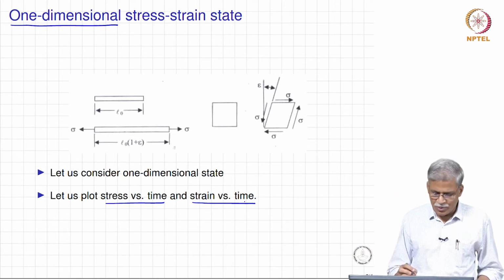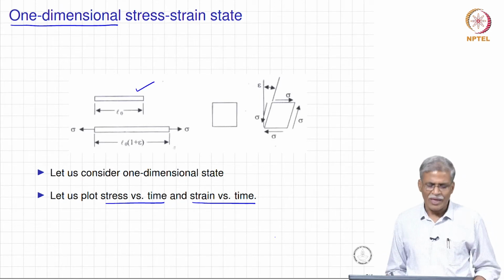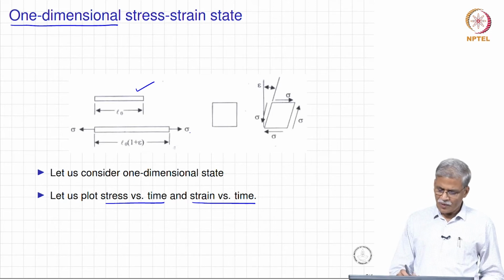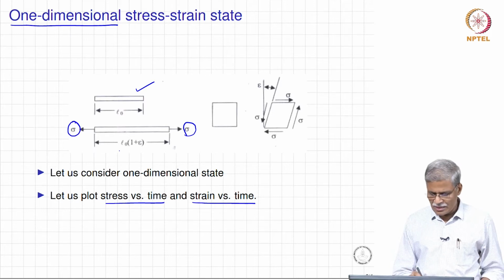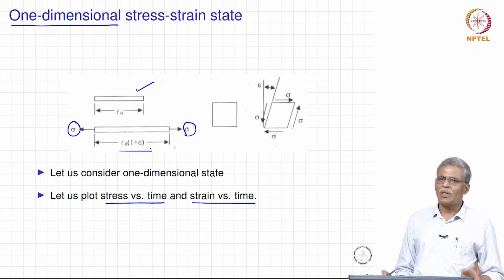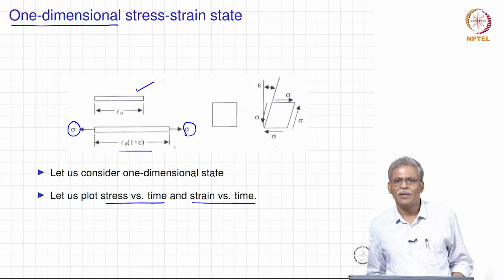So, for illustration purpose, we are going to take a steel rod or anything having a length L0 and it is subjected to a load that results in a stress of sigma, and this is the length. Okay. So, I am not being very careful here.